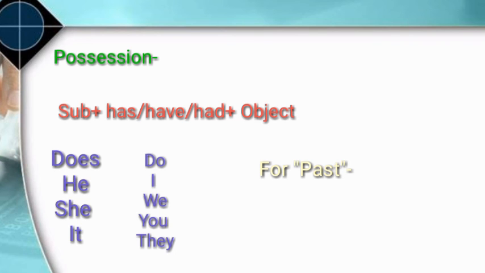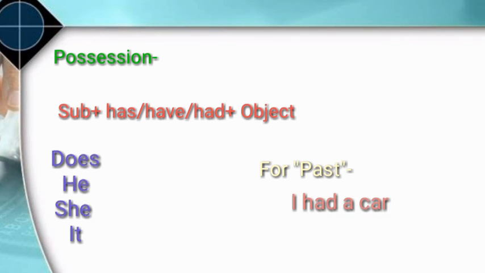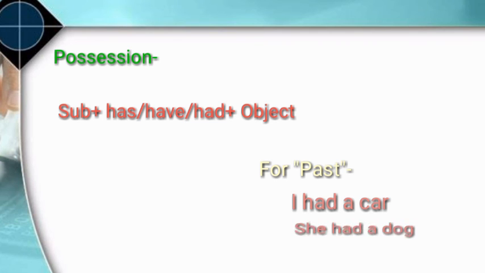So you can say I had a car last year, but now I don't. And you can also say she had a dog last week, but now she doesn't have a dog because maybe she gave her dog to a friend, or she gifted it to someone. So this is how you can use had in the past.